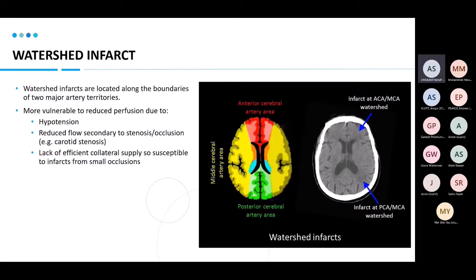Again, going back to what I mentioned before, it can be one artery or the other, so you've got these watershed areas between the different territories. Any infarcts which are localized along these boundaries are known as watershed infarcts.